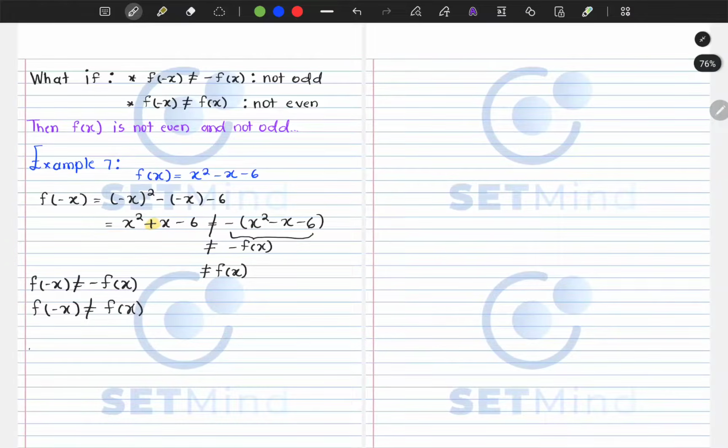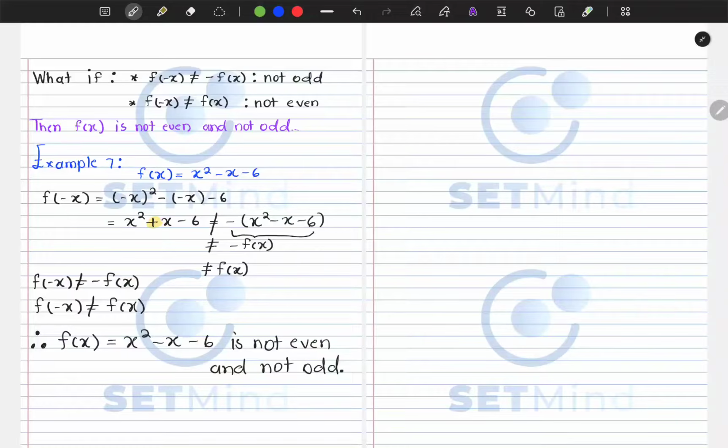So we can safely conclude that our f of x given by x squared minus x minus 6 is not even and not odd.